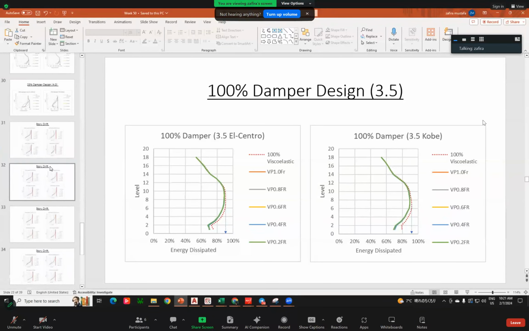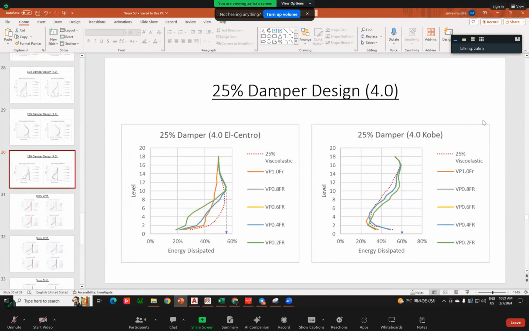But if we go here, 200 kilonewton of damper, we can see much more differences in energy dissipated.